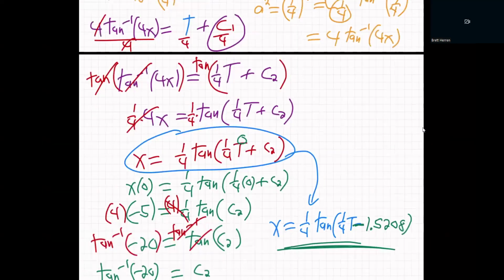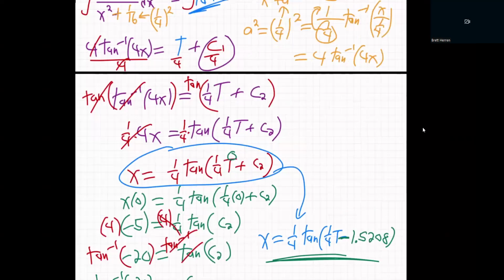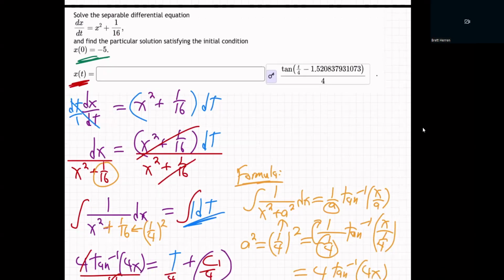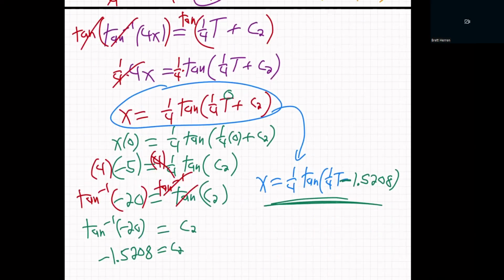So there's the function. Is that what they got? 1/4 tangent 1/4 t. Let's see. Yeah, they put the 4 in the bottom. Same thing as a 1/4 in the front. Tangent of t over 4, 1/4 t. Same thing. 1.5208. Yep, that's it. And that's how we do that problem.